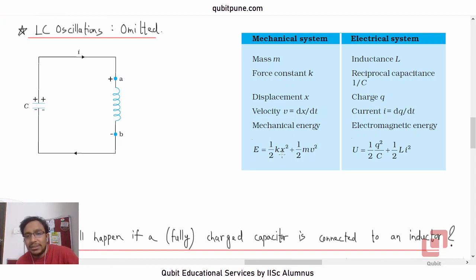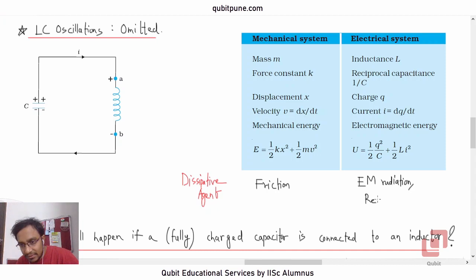Half kx squared is the spring or elastic potential energy, half mv squared is the kinetic energy, and net energy remains constant. Here the dissipative agent is friction, the agent that takes out energy from the system, and here the dissipative agents are EM radiation and the resistance.